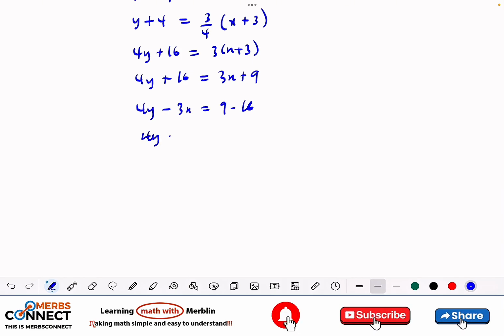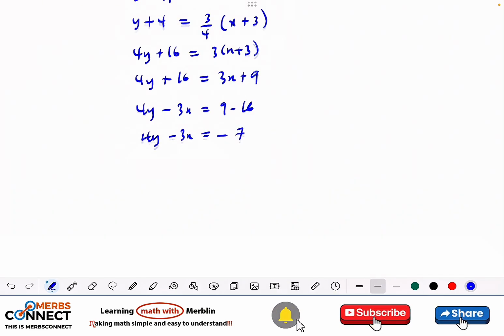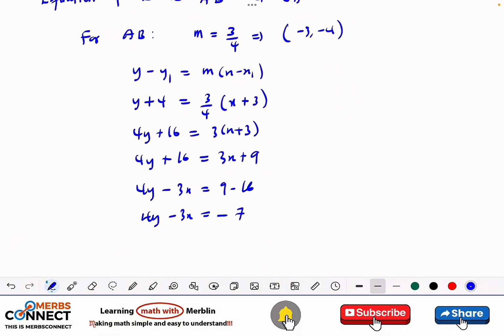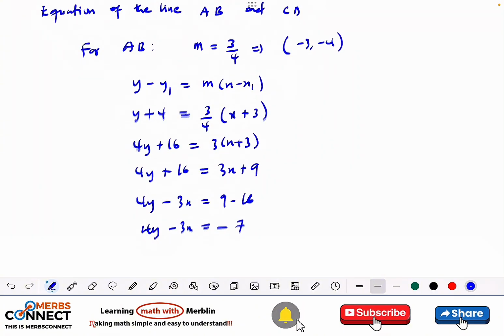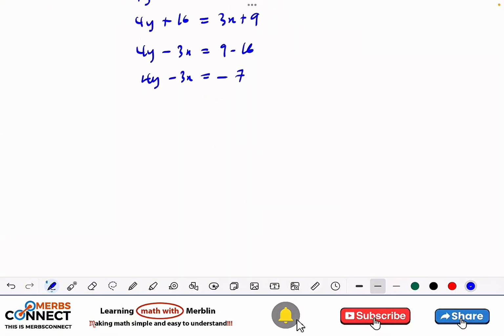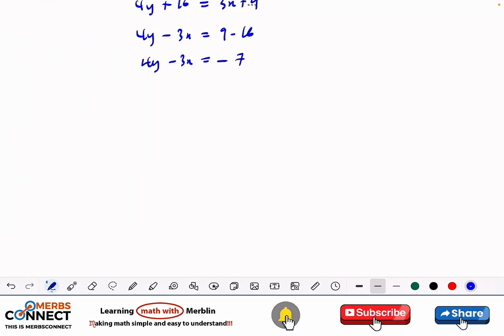So 4y minus 3x is equal to minus 7. So this is one equation, which is the equation of the line AB. So let's do CD, and then we are done with this.